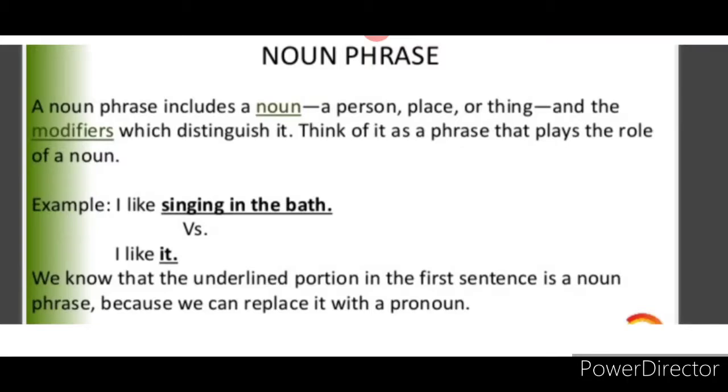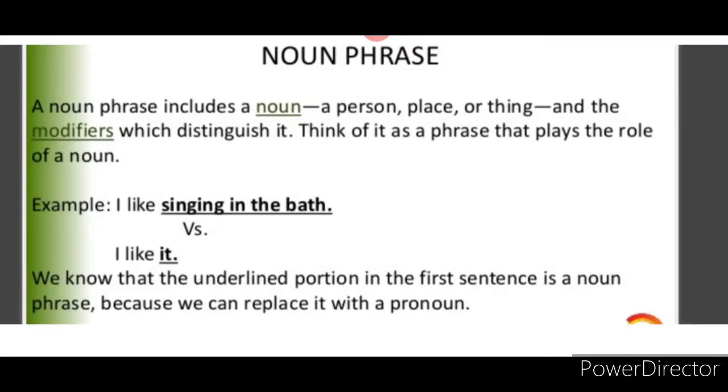Actually a noun phrase is not only the noun but also the group of words along with it. In the bookshop, shop is the noun along with book. It's a group of words, so it is a noun phrase. Singing in the bath, along with that is the bath. That is the noun phrase.